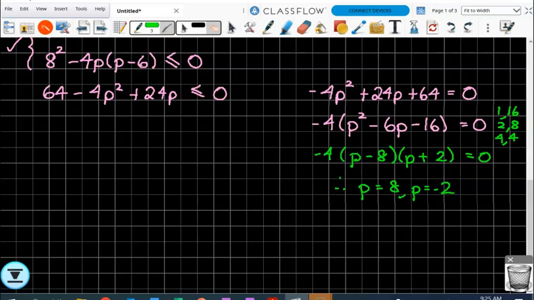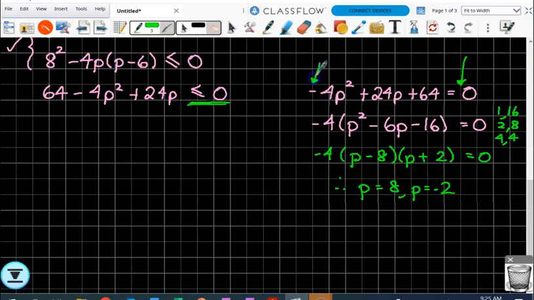Well, we'd be really happy if this was solving for 0. We actually wanted it to be less than or equal to 0. If you were to graph this, is this going to be concave or convex? Concave or convex?